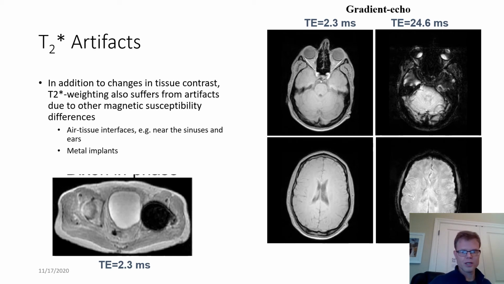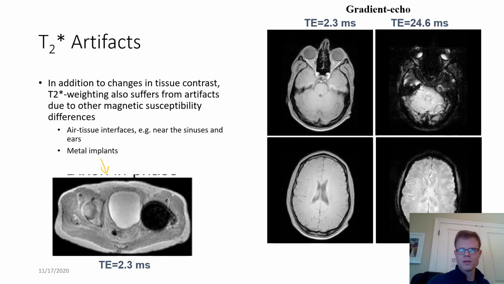So typically, again, they happen in the two places where we have the biggest magnetic susceptibility differences. The example at the bottom here is a case of a metal implant, a hip implant, and we see this black signal void. This is basically really short T2 star values.